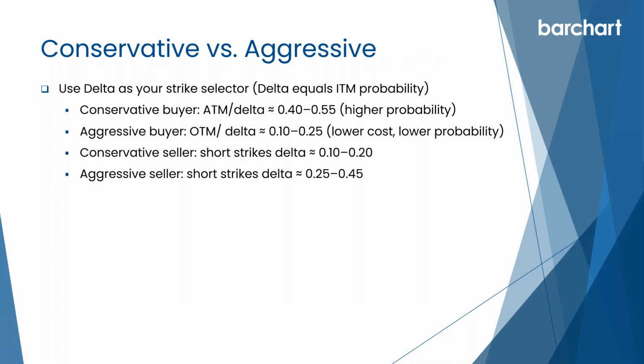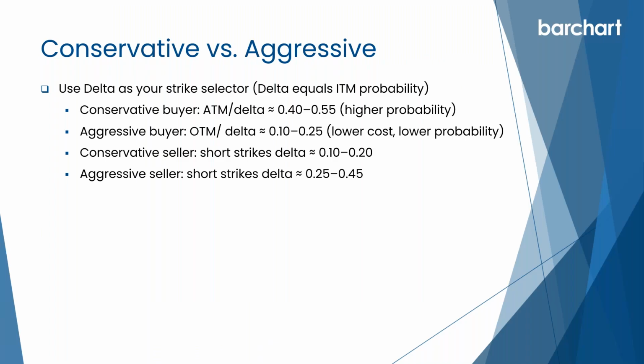Now, for a conservative buyer, in other words, I'm buying volatility or I'm buying a directional spread, I want to pick at-the-money deltas, where my delta is probably somewhere between 40 to 55, slightly in the money, maybe slightly out of the money, but right around at the money.